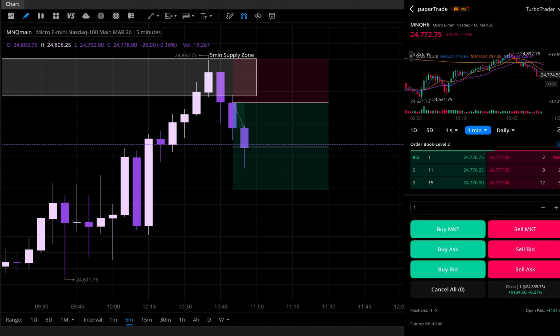What I would like to see is this candle close outside the zone, below this resistance line. But if we don't get that, then I'll just get out.